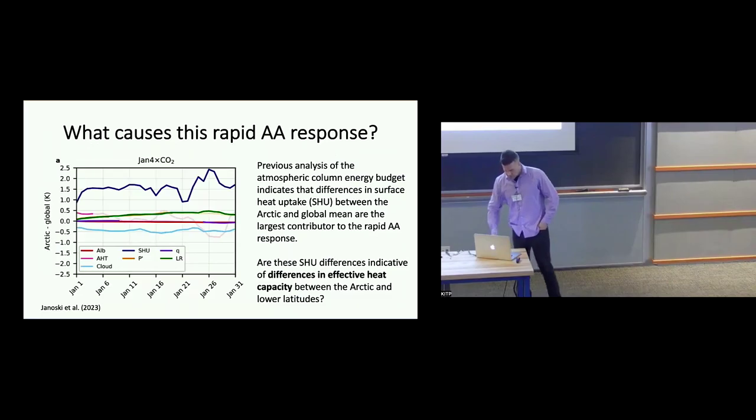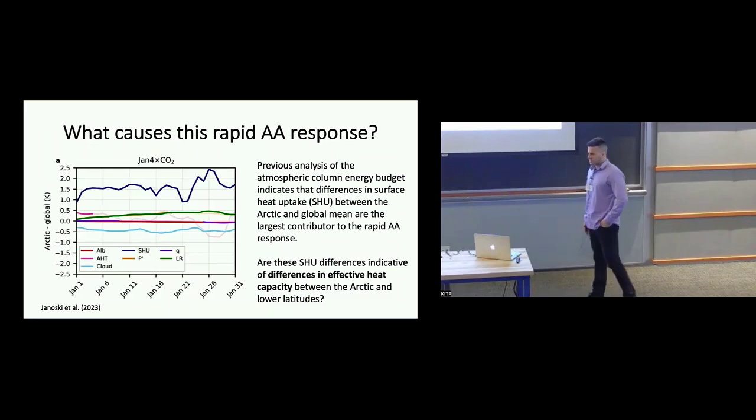So, as part of his analysis, Tyler did a decomposition of the atmospheric column energy budget to try to understand the physical mechanisms that are causing this rapid AA response in his simulations.